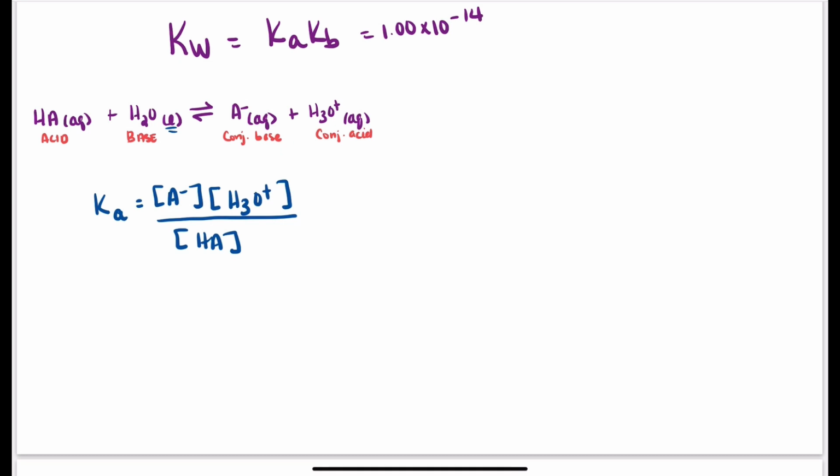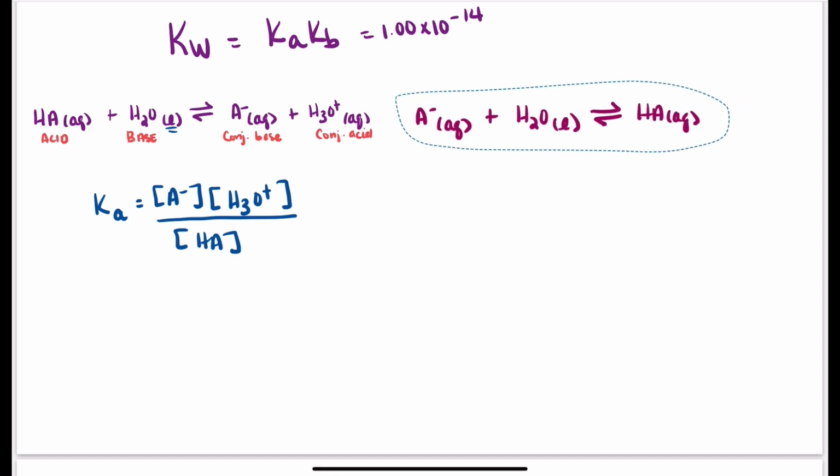Let's think about the same thing with B. If I have a base in solution, I'm going to use the conjugate base and how that would react in solution. So I just said A minus is the conjugate base, meaning that it's the base that forms after that weak acid loses its proton. A minus will also react with water, but in this case, because it's a base, it's going to accept that proton, forming HA and hydroxide.